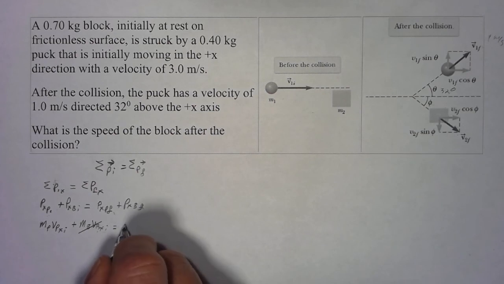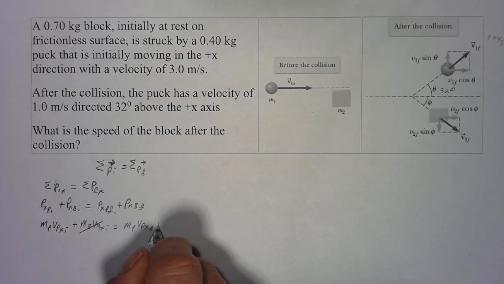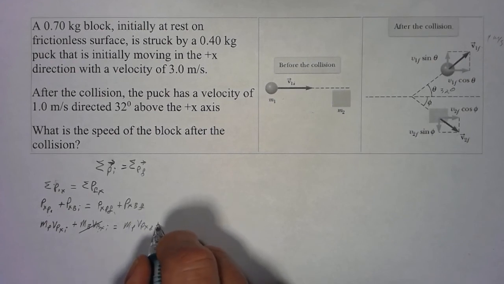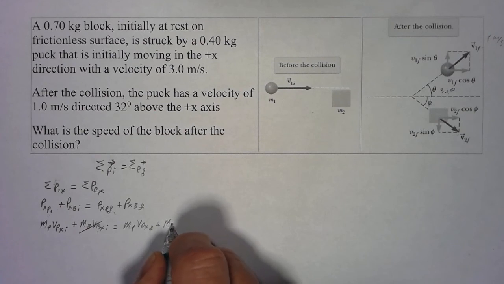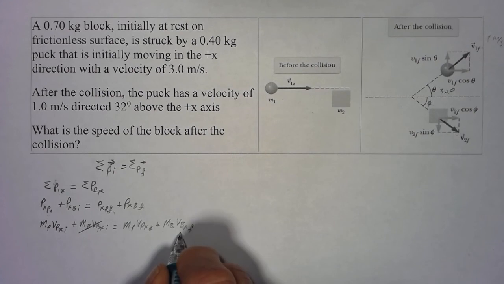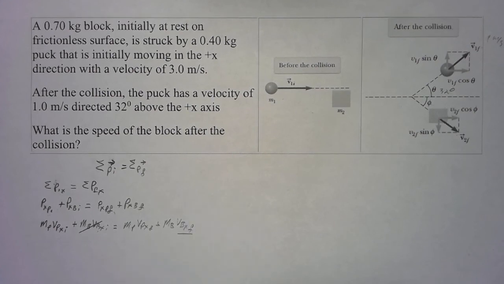And that's going to equal the mass of the puck times the velocity of the puck in the x finally, plus the mass of the block times the velocity of the block in the x direction finally, which is what we're looking for to get to the end. That's the first step. Now we can put in all the numbers we know.